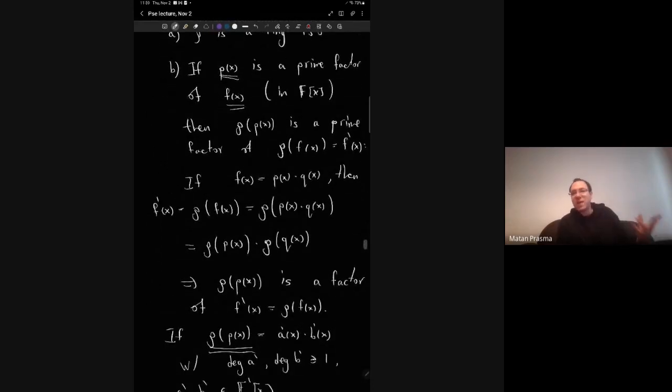And so what we get is that splitting fields exist and are unique. And we are now very close to classifying all finite fields using this notion of splitting fields. But this will have to wait for the next time.